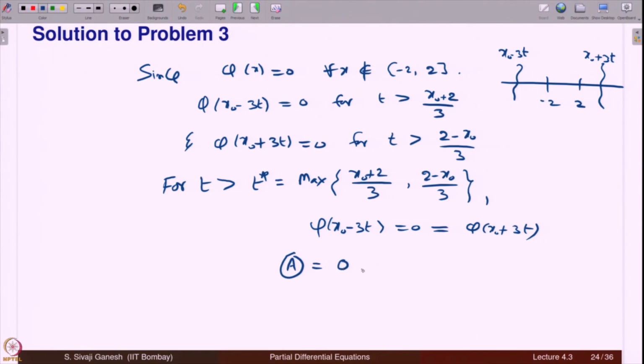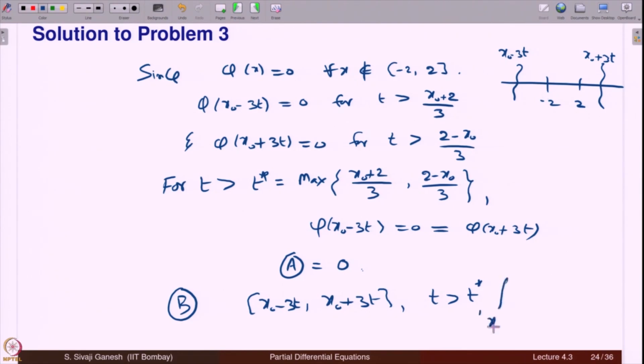Now, let us look at the term b. For the same reason, the term b, which is an integral on x naught minus 3 t comma x naught plus 3 t, whenever t is bigger than the t star as above, this interval properly contains minus 2 comma 2.